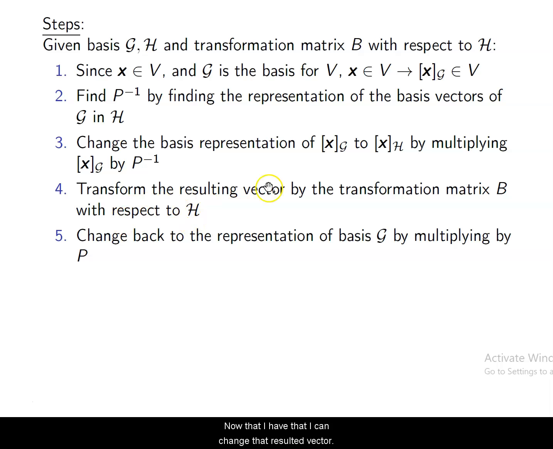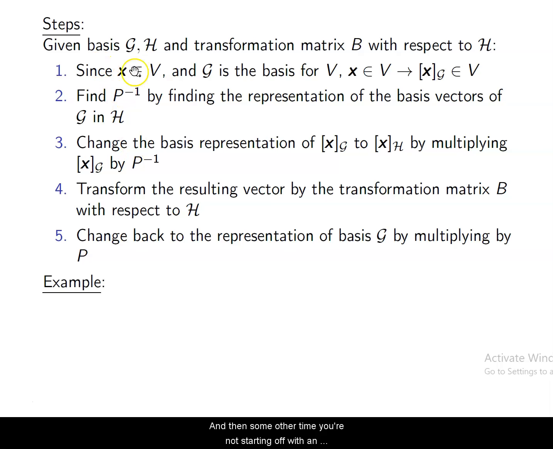Now that I have that, I can change that resultant vector back into G by multiplying it by the change of basis matrix from H to G. And then I'm done, right?